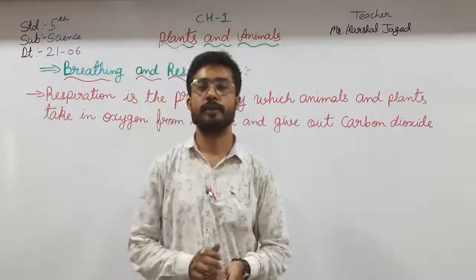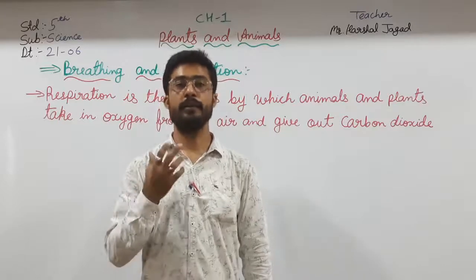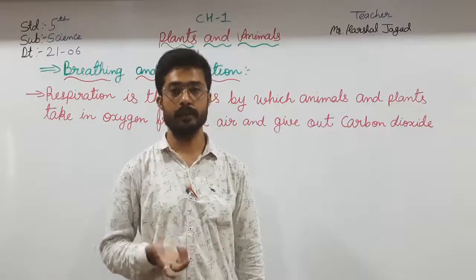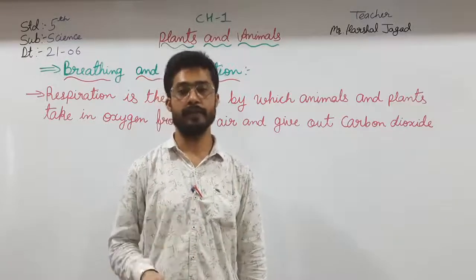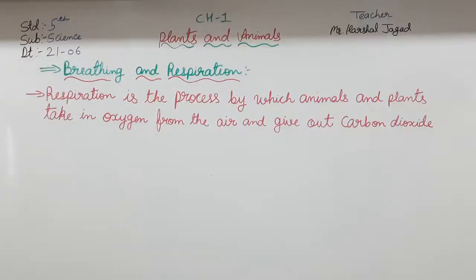So what is the respiration process? As in humans, we breathe in oxygen rich air and breathe out carbon dioxide rich air. That is the respiration process. And how does it occur in the animals?